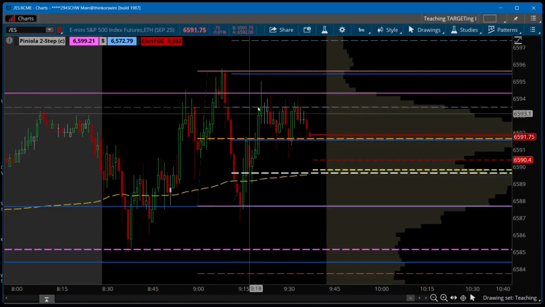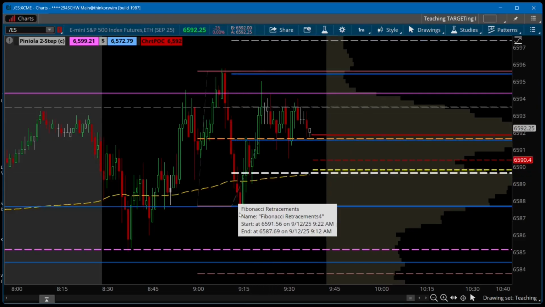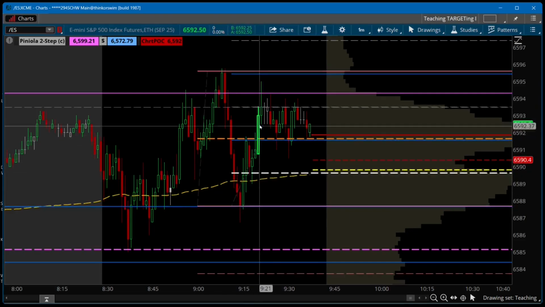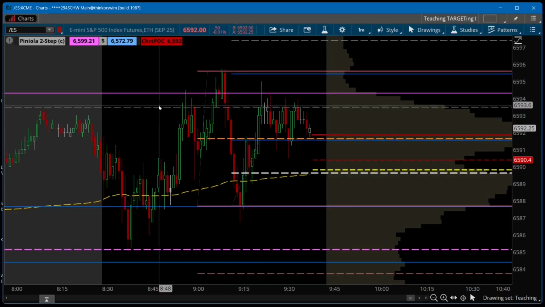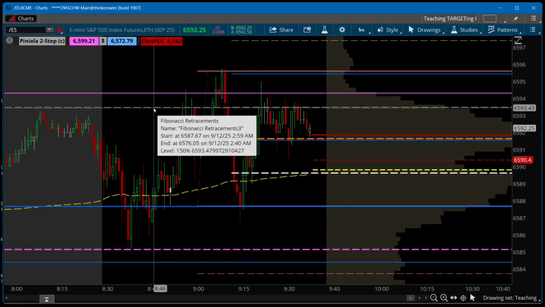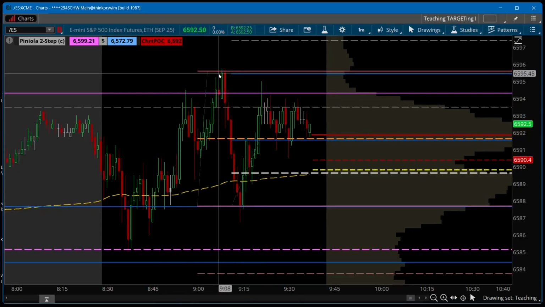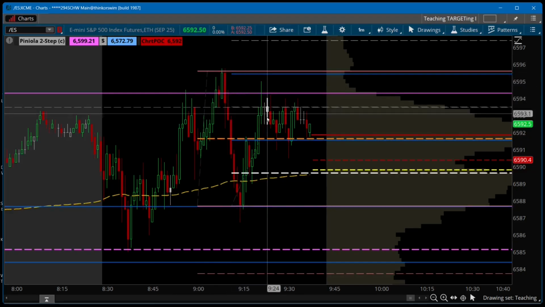That was the target from both this move and that overnight line lined up perfectly, and it also was lining up with the high of the day.